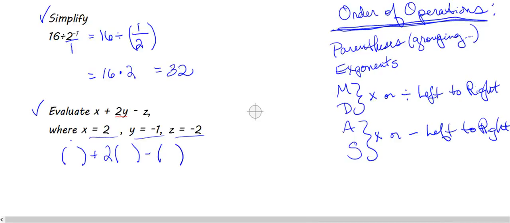Make a little note, like here's where the x was, here's where the y was, this is where the z was. So what numbers go in there? x should be 2, y should be -1, and you really need to use the parentheses, because these negative numbers could really mess a problem up if you're not careful.